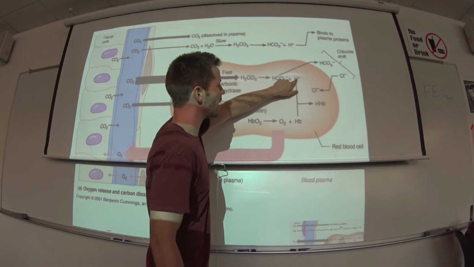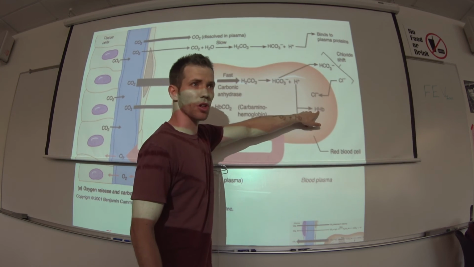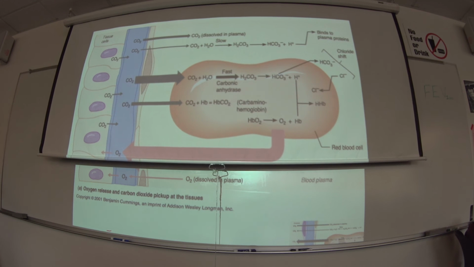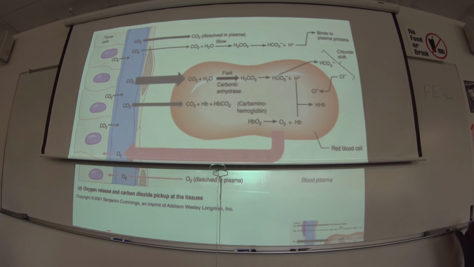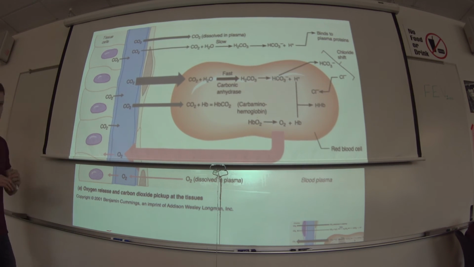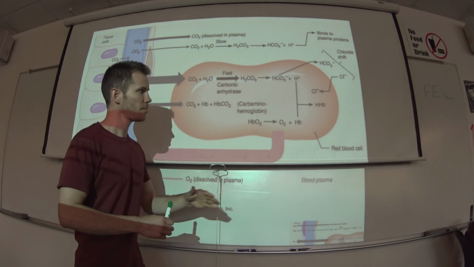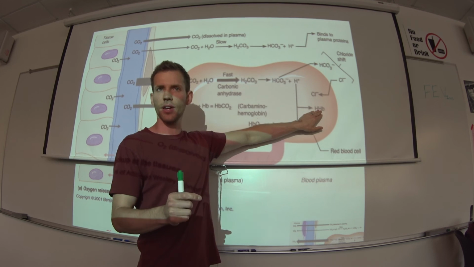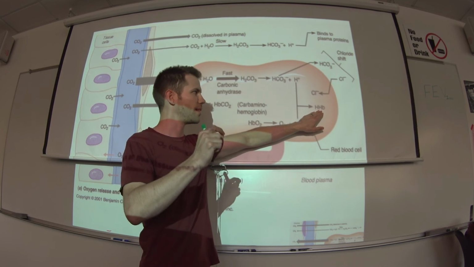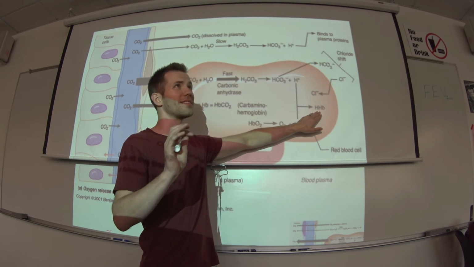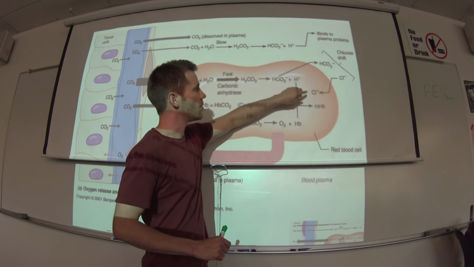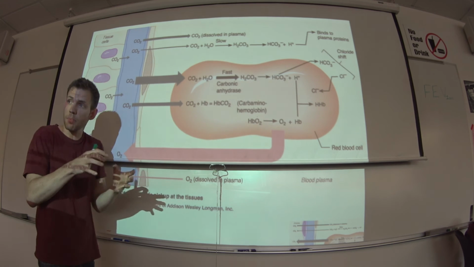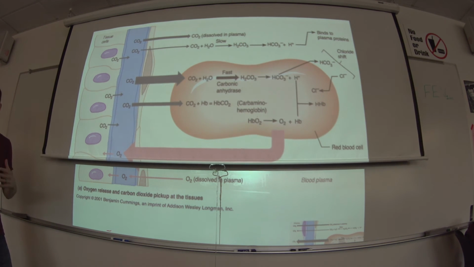So this hydrogen ion gets stuck to the hemoglobin. Did you guys talk about what it does to hemoglobin? It changes hemoglobin. Hemoglobin is just a protein, a big fancy protein. Like any other protein, it can denature, and one of the strongest things that can denature anything besides heat is acid. So this hydrogen ion basically binds, it doesn't have a receptor in the hemoglobin, it just denatures it.